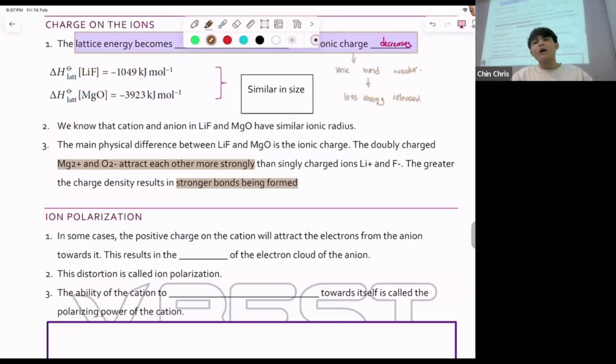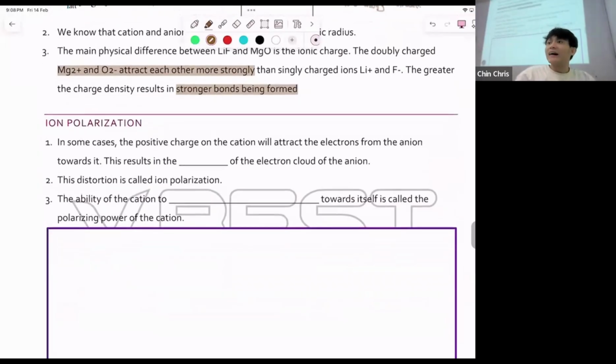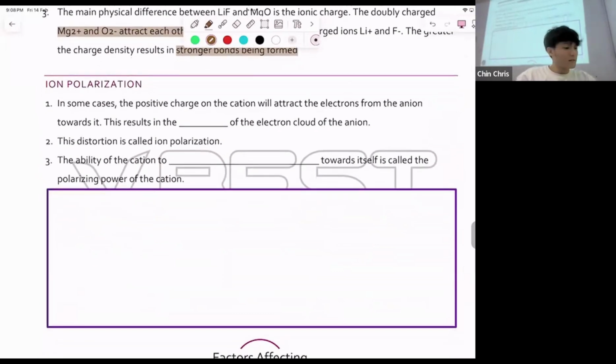All right, next we have ion polarization. You've done ion polarization in school, right? Ion polarization contributes to covalency.